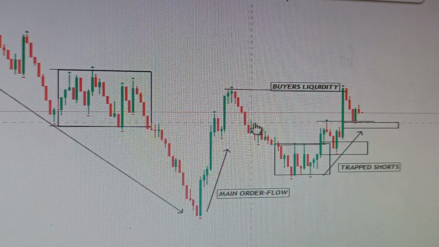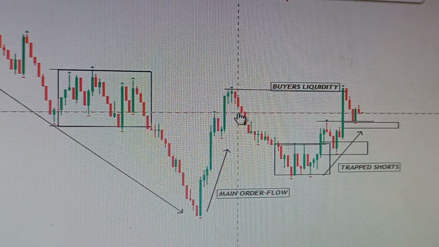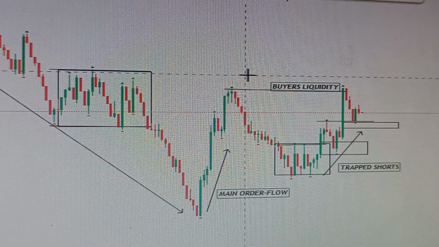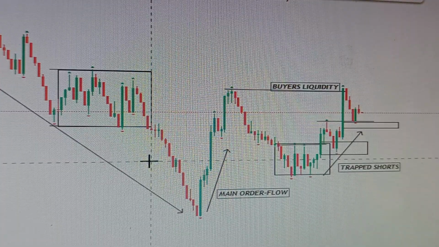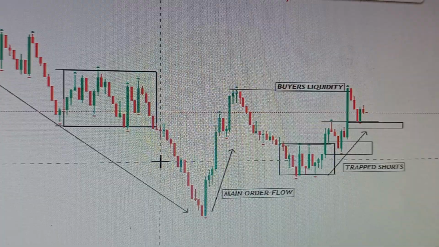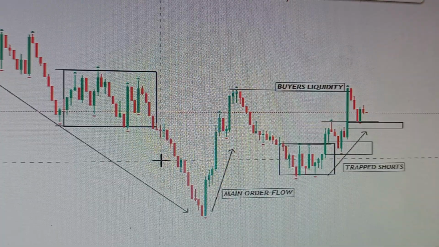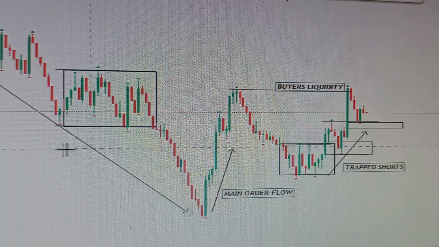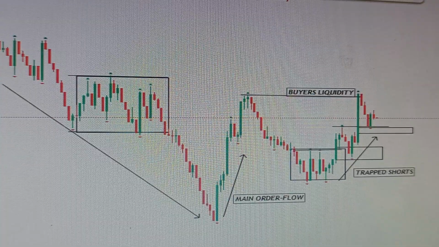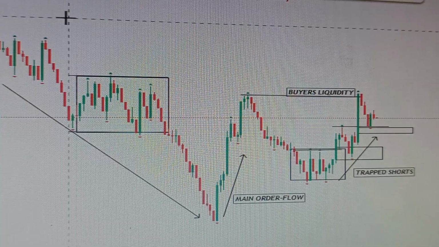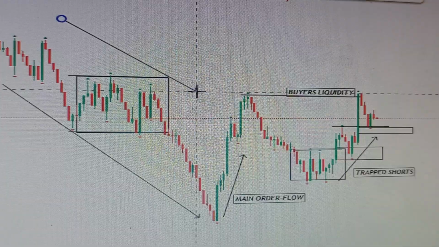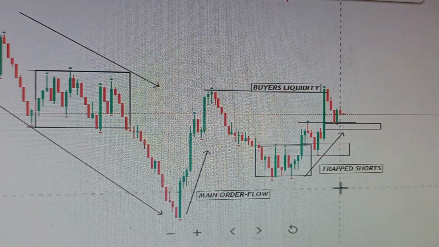Tomorrow I'll be teaching about a lot of things like order blocks, so you guys could understand what an order block really is. These are the things that you really have to understand. Our order flows, this is what we have.